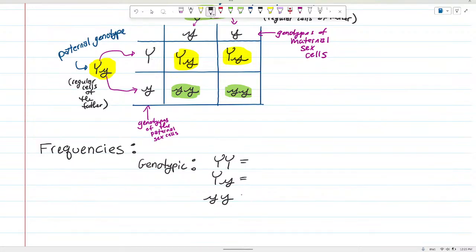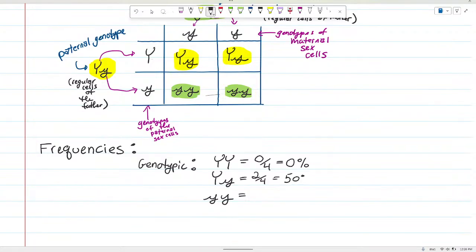In this particular cross, how many offspring are big Y, big Y? Out of every 4, we would expect none. 0 out of 4, and as a percentage, that is 0%. Good. What about big Y, little y? 2 out of every 4, which as a percentage is what? 50%.